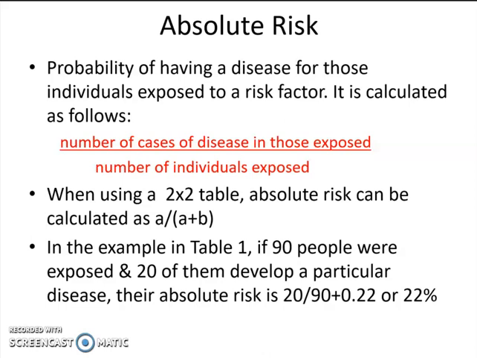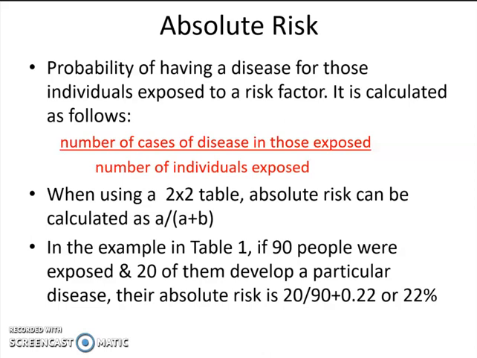In the example in table 1, if 90 people were exposed and 20 of them develop a particular disease, their absolute risk is 20 over 90, which is 0.22 or 22%.